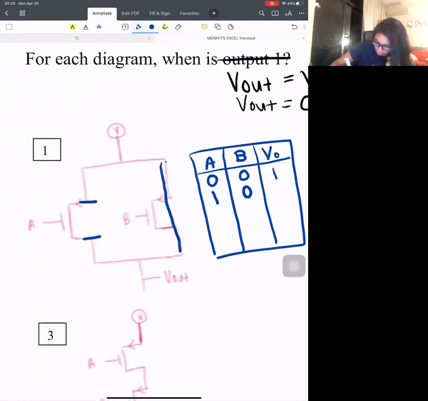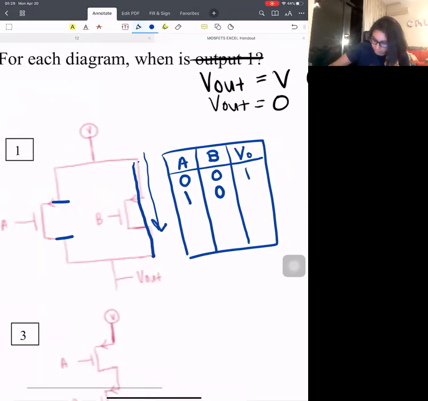So this is going to be a short circuit. So you still have current flowing through this side, so your circuit is still complete in this regard. So at V out, you're still going to measure V. So V out is going to be 1.